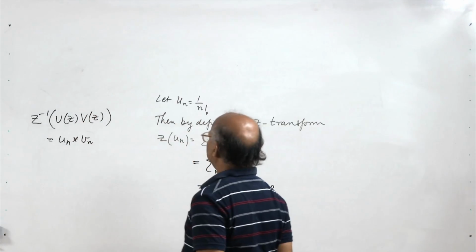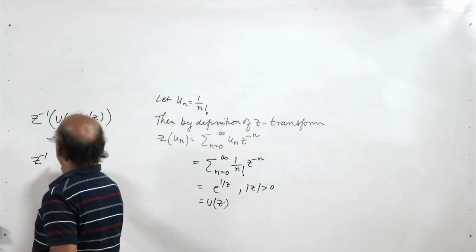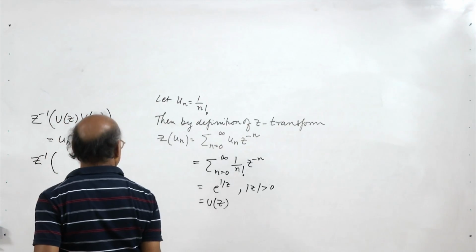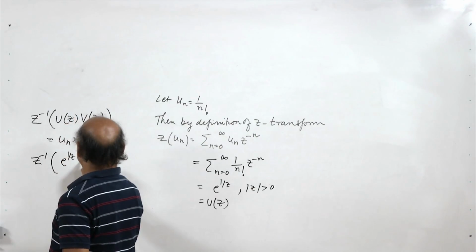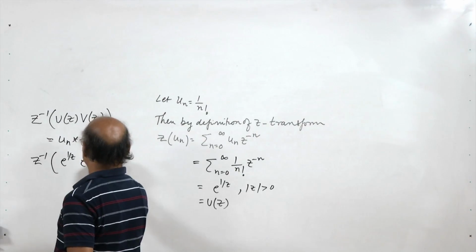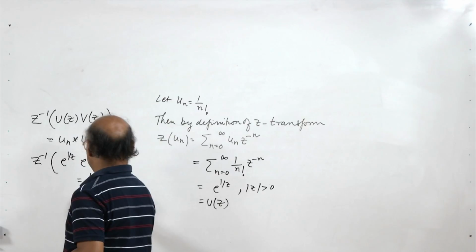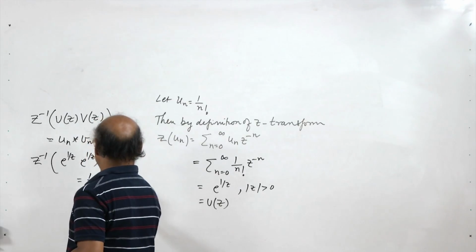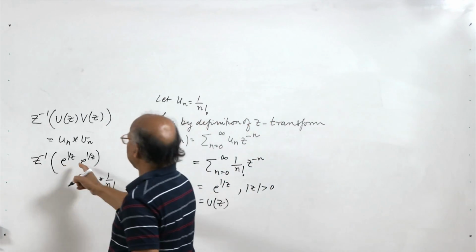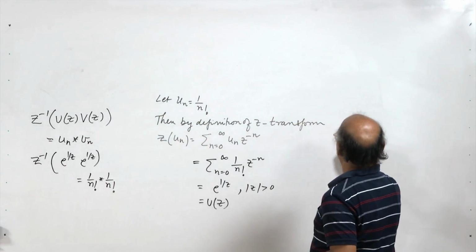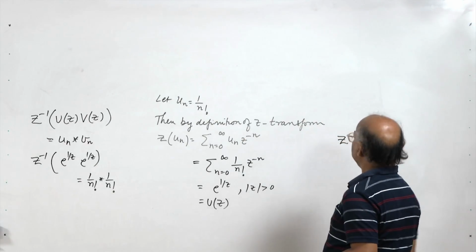So, let us take Vz to be same as Uz. So, Z inverse of Uz is e to the power 1 by Z, Vz also is e to the power 1 by Z. This is equal to un star vn. So, 1 by n factorial star 1 by n factorial, and now we see that Z inverse of e to the power 2 by Z.